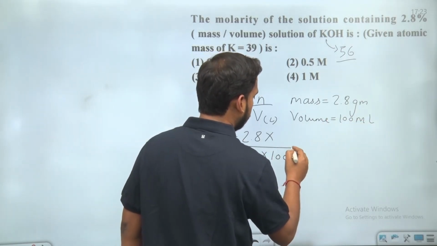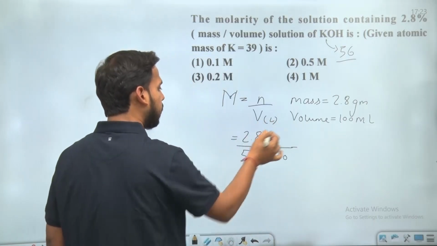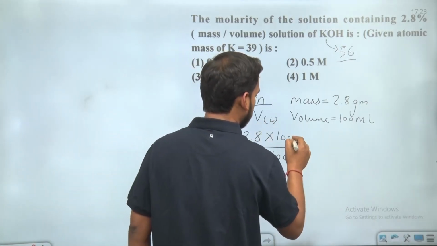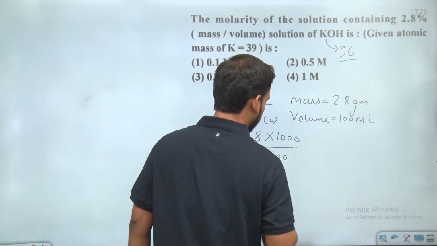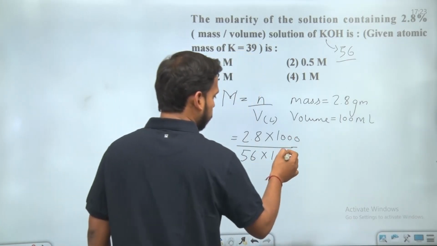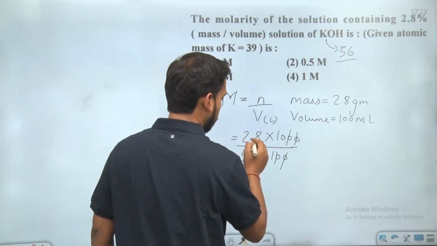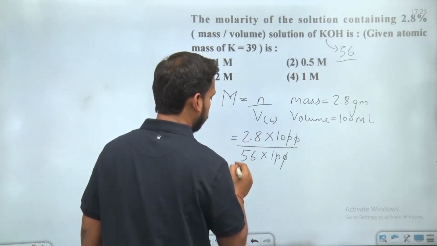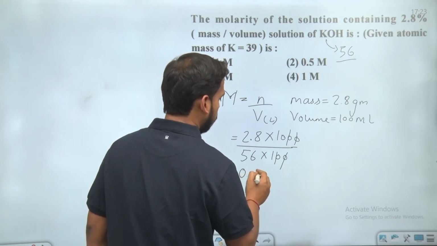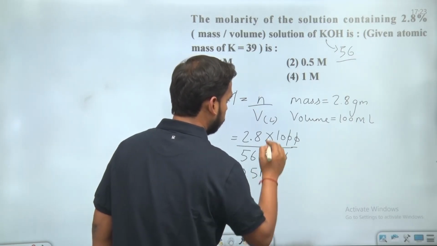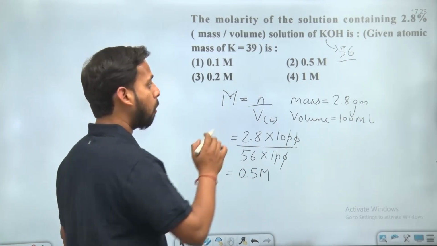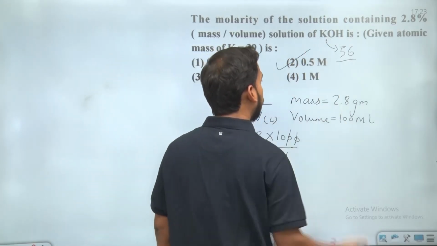We have to convert this into liters, so we multiply the value by 1000. This cancels out, and we get 28 divided by 56, so it will be 0.5 molar. Our correct option is option 2, that is 0.5 molar.